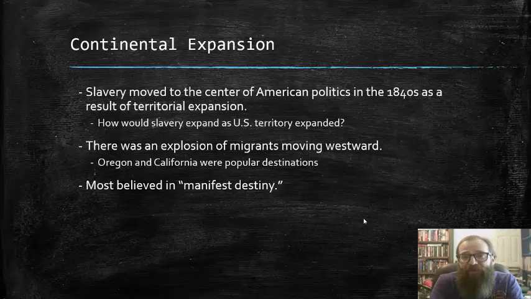This coincided with and reinforced the belief in manifest destiny, that it was Americans' God-given right, and indeed their very destiny, to expand across the North American continent from coast to coast, Atlantic to Pacific.